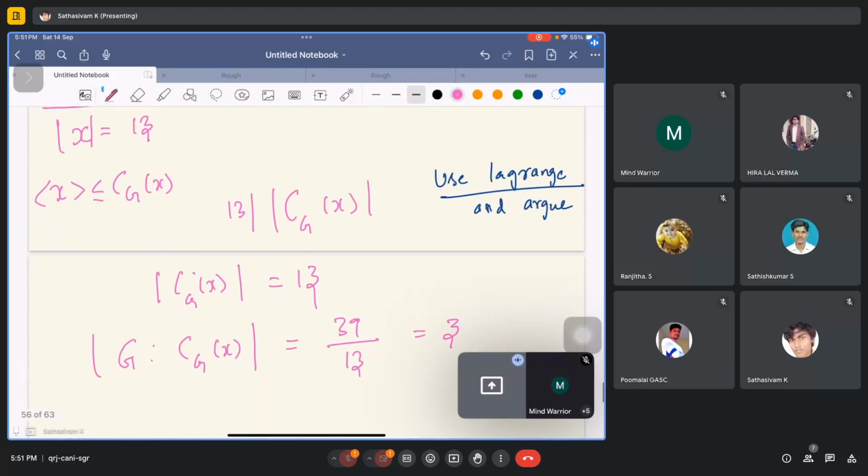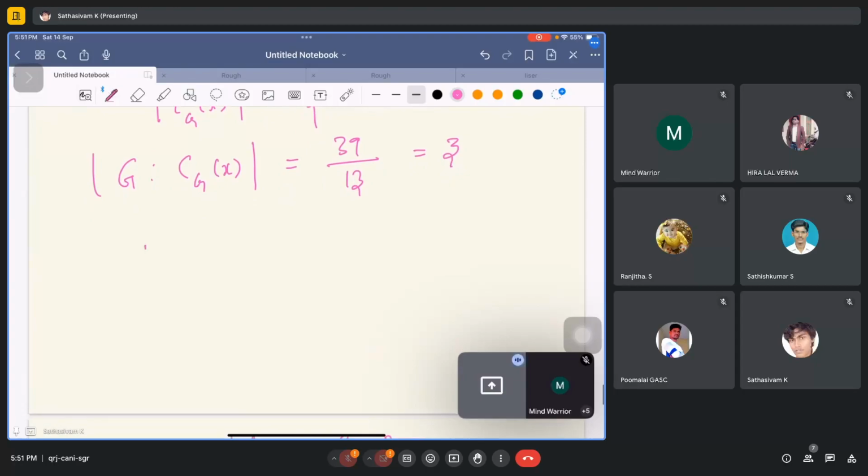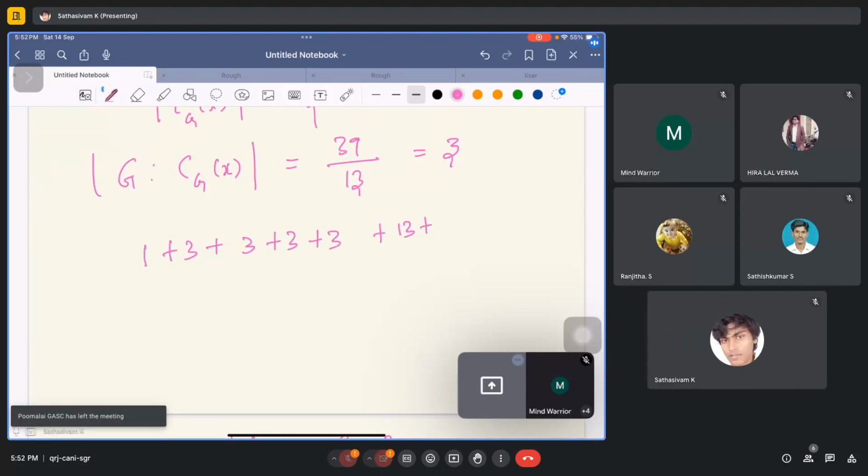So this is the class equation, and if you write it, what you get is 1 plus 3 plus 3 plus 3 plus 3 plus 13 plus 13 equals 39.